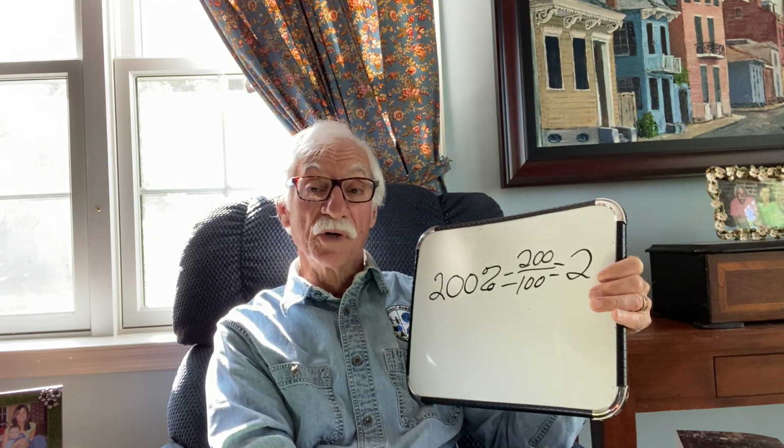So if I have 4 gallons of water in my bucket and I say I have 200% of that, then I have 8 gallons. 100% of the 4 gallons would be all of it, 4 gallons. 200% would be 8 gallons. So a percent is always a fraction where the denominator is 100.